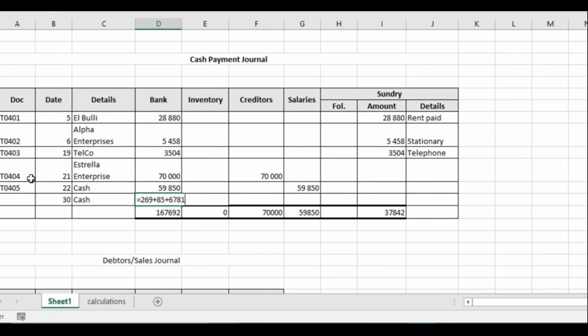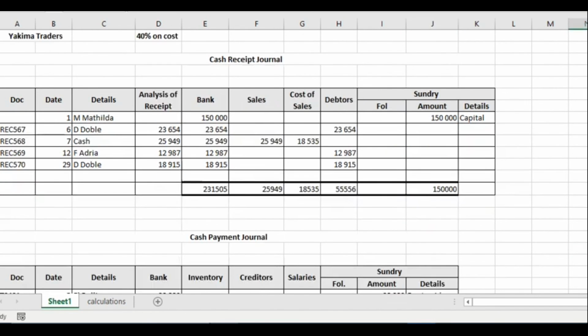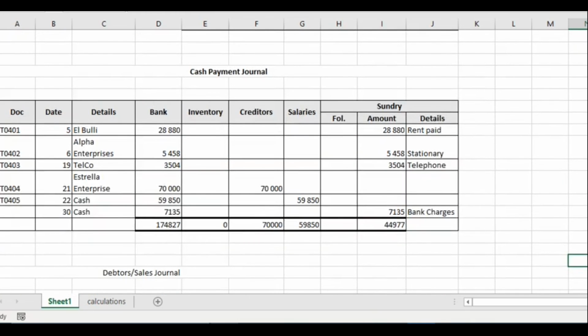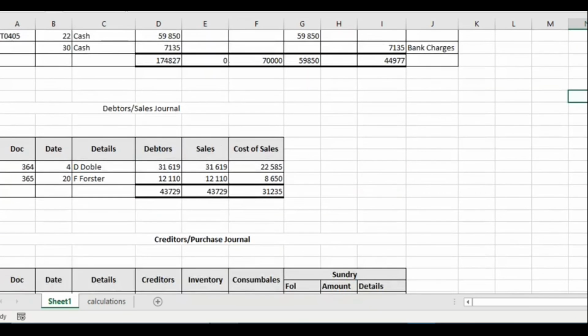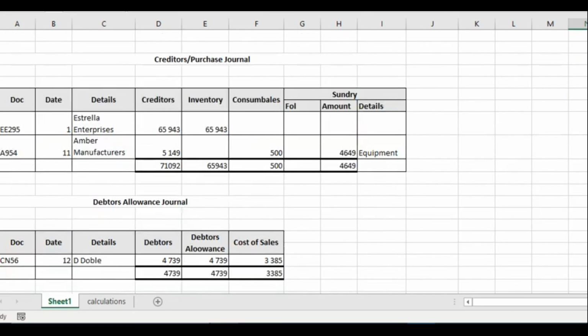Then now the last one, the following transactions appear on the bank statement. Credit interest 269. Okay, so this one we've got bank charges. So our bank charges are as follows. There's no document number, sorry. So we're going to start off with the date, which is the 30th, and then we'll just say cash, because it's the type of account.